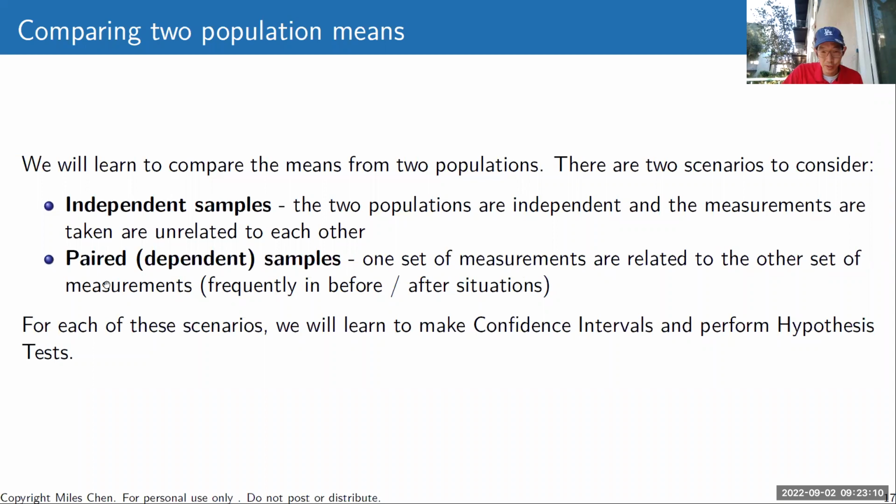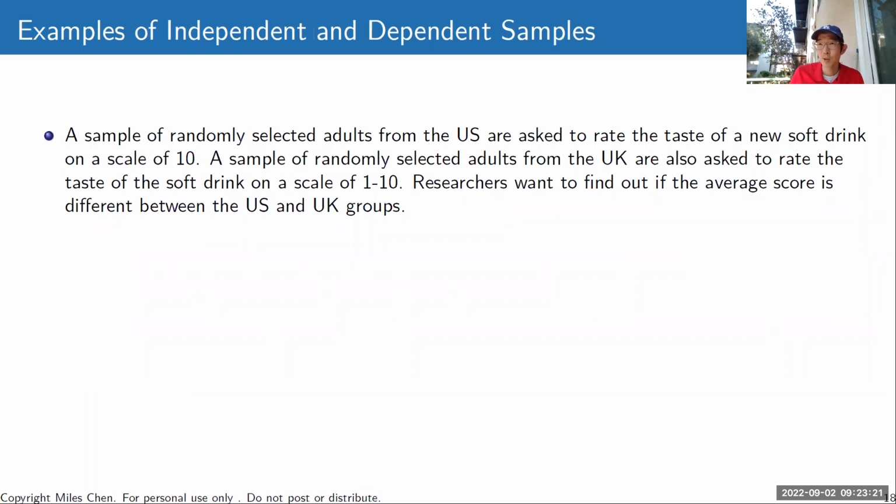So in paired samples, every value has a partner or is paired with another value. Whereas independent samples, that's not going to be the case. One indication that it's definitely not paired is if your 2 samples have different sample sizes.